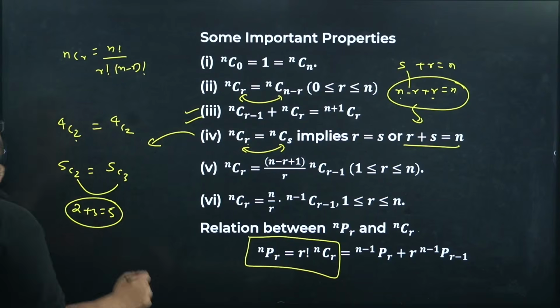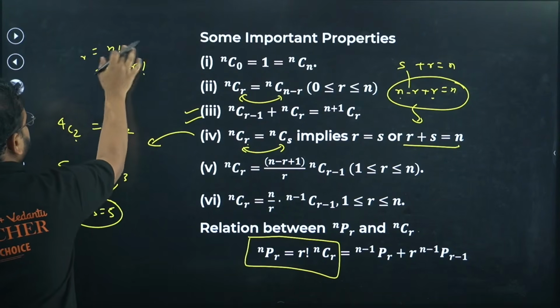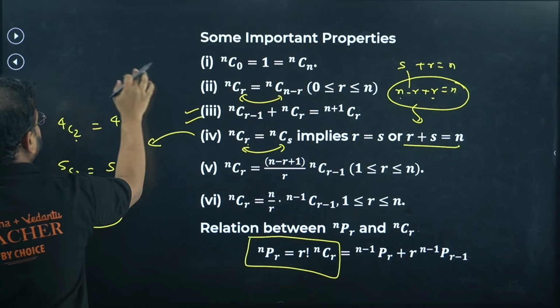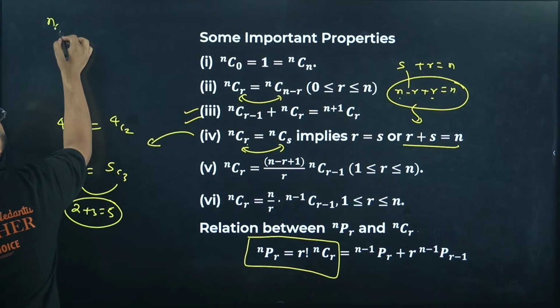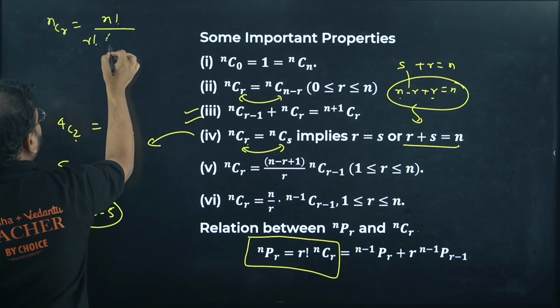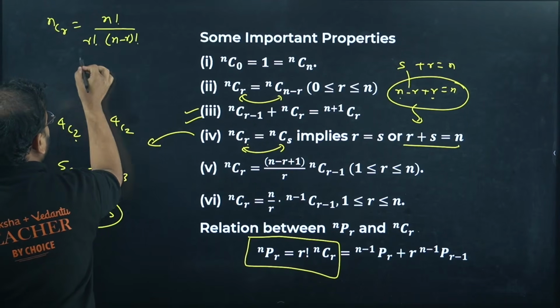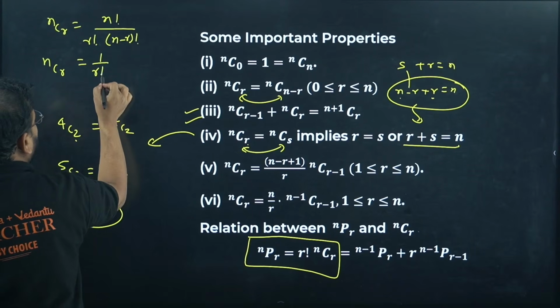How can I say that, sir? Please check. If I write this nCr term again, let me erase this. Check over here. nCr is given by n factorial upon r factorial into n minus r factorial. I can write 1 upon r factorial separately.